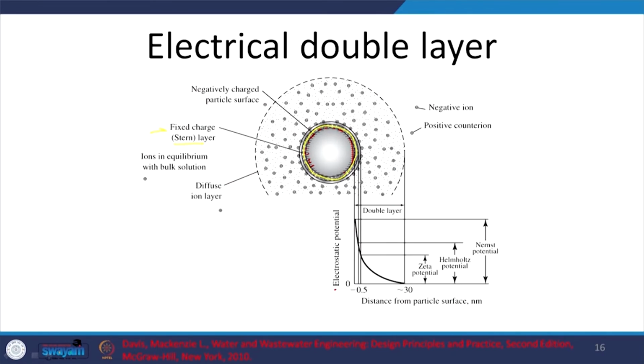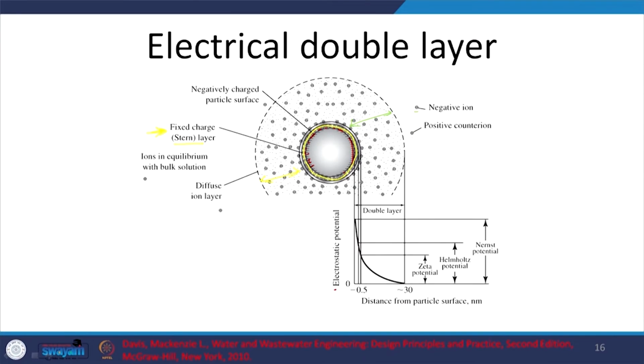This is the fixed layer, or Stern layer, and around this you will have this diffuse layer.